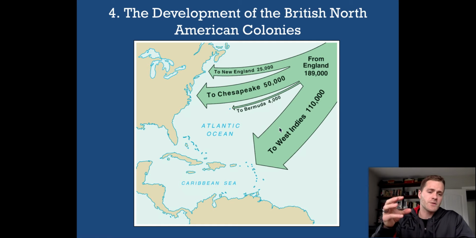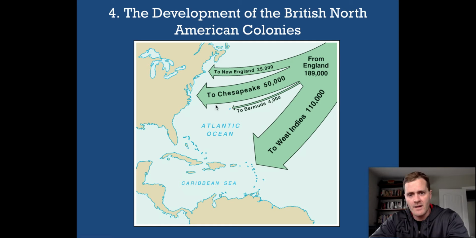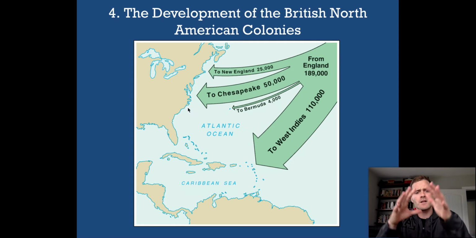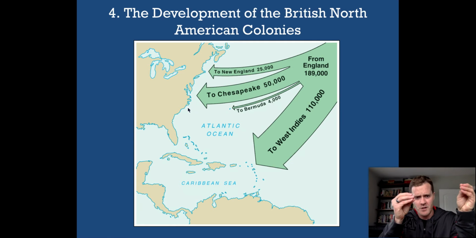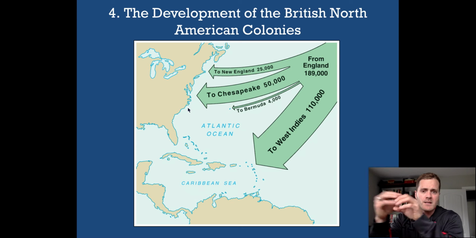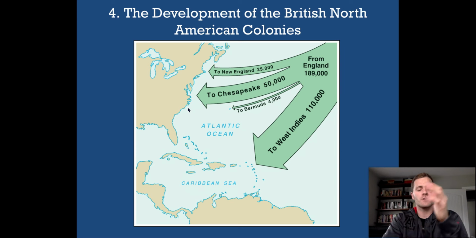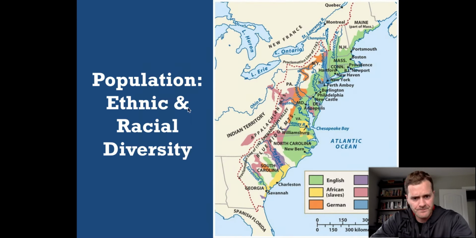The rest of the course is really, really focused and centered on this area here in what we now know as British North America. But it's important that you understand for the global context that it's not just British people coming to what we now call the United States, but rather a large number of people coming to the New World across the board.